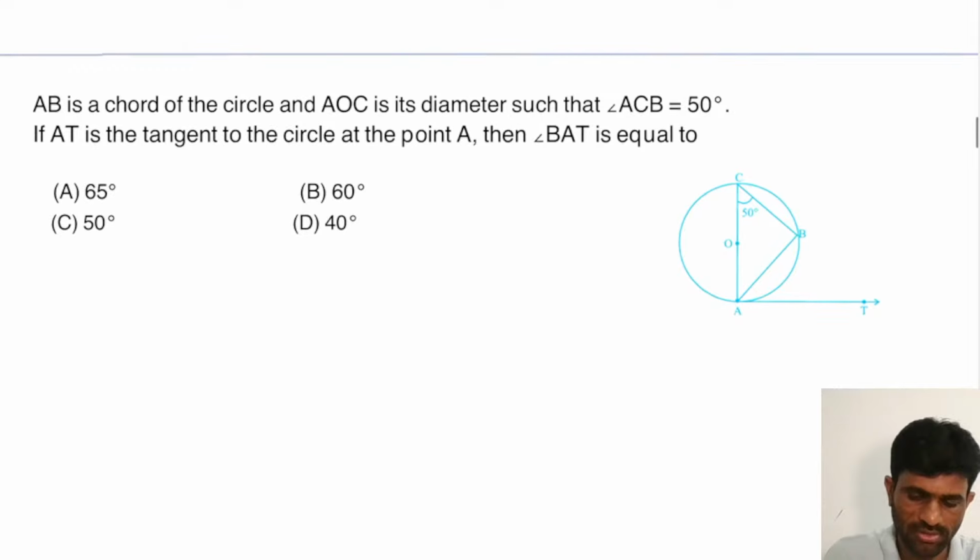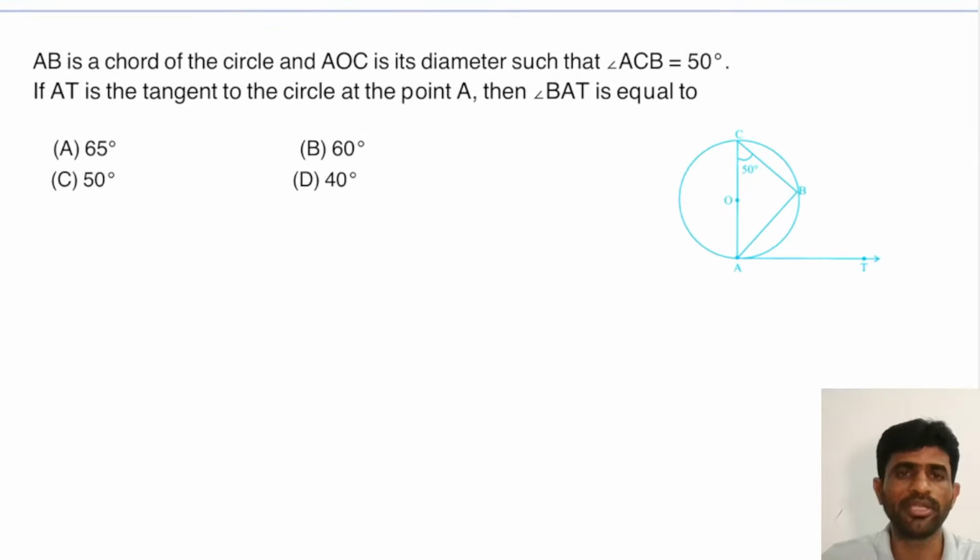In this question, you have to find out angle BAT. What is angle BAT? Find the value of angle BAT. Option D. Angle BAT. What is angle BAT? Find angle BAT.